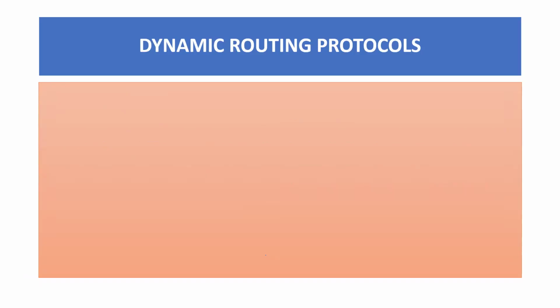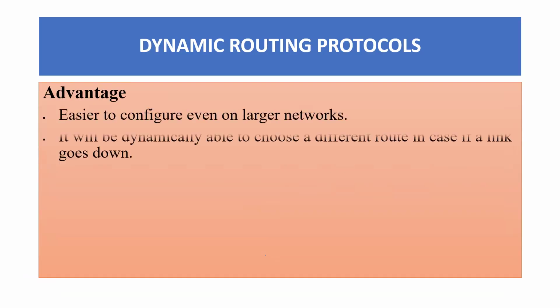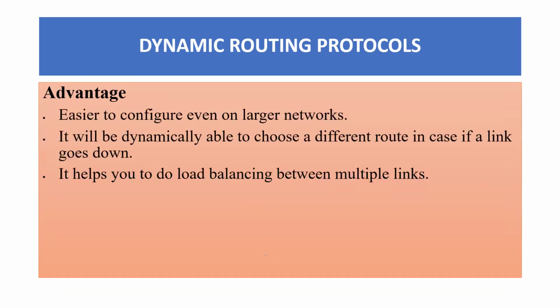But comparing the static one with the dynamic, when you talk about the advantages of dynamic routing, which we dealt with earlier, you have configuration that covers a large network, it will be dynamically known and help you to load balance between the multiple links. All those are there.